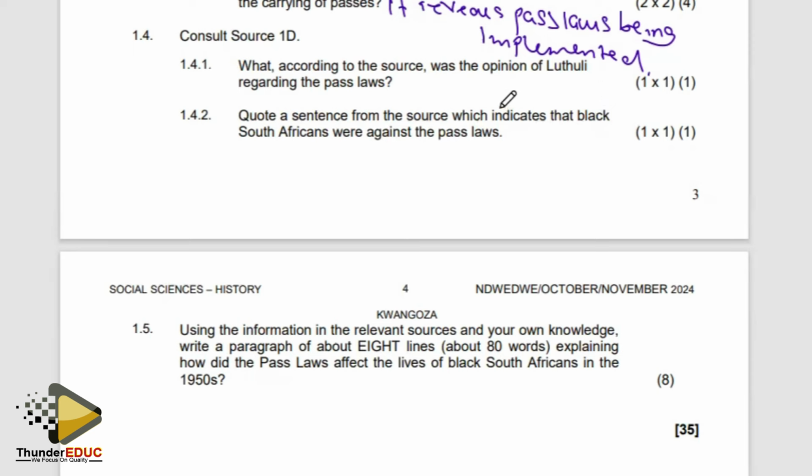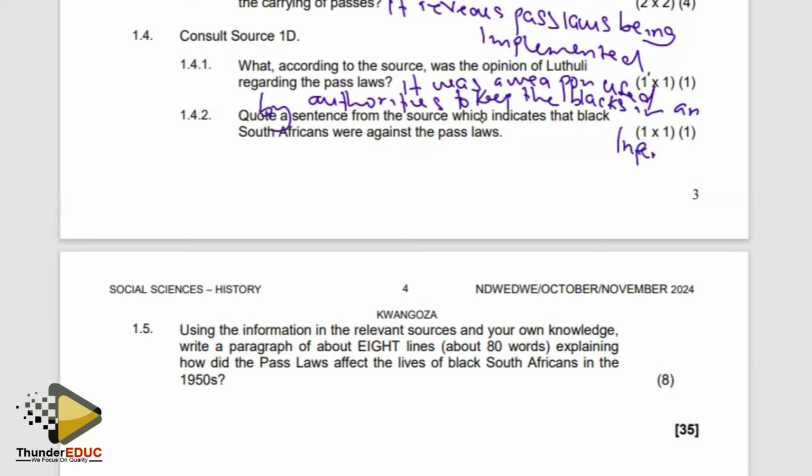It was, according to Lutu, a weapon used by the authorities. It was a weapon used by authorities to keep the blacks in an inferior position, according to Lutu.